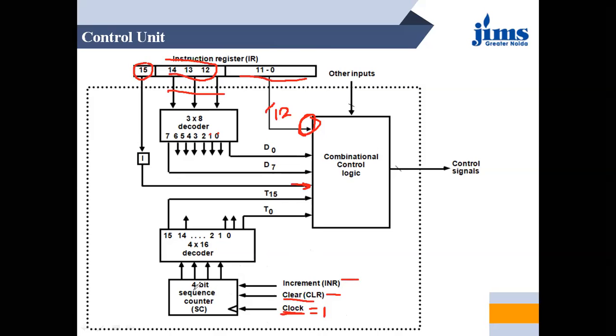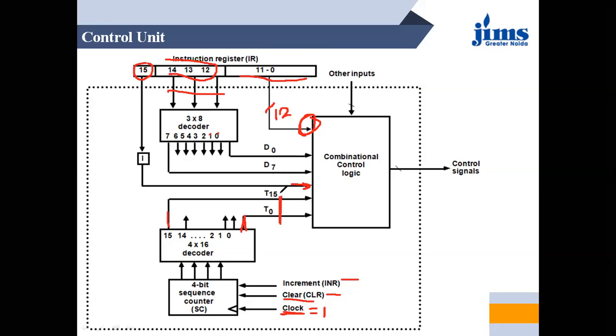These are the controls to perform different operations. This is a sequential control, sequence control. From here, as this is a decoder of 4 to 16, we can put the data from T0 to T15. These are 16 lines.